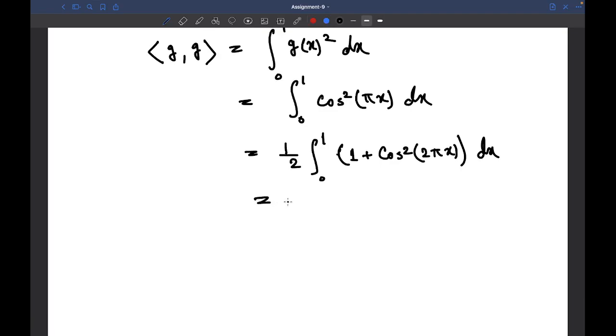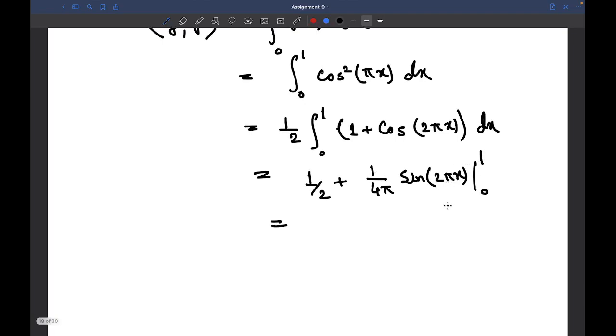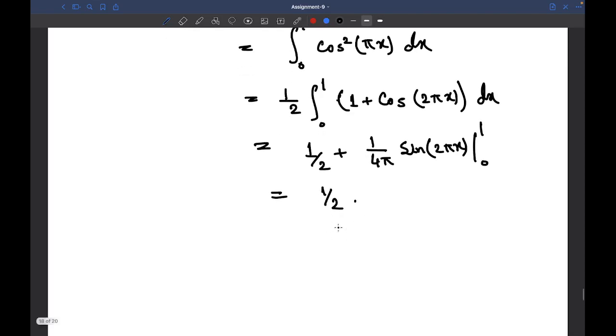It will be half times x plus 1 by 4 pi sine 2 pi x, from 0 to 1, since the integration of cos is sine. Because sine 2 pi is 0 and sine 0 is 0, this is basically half.